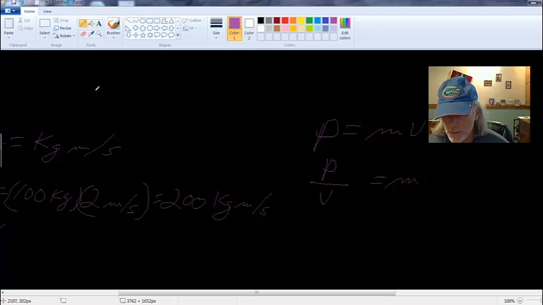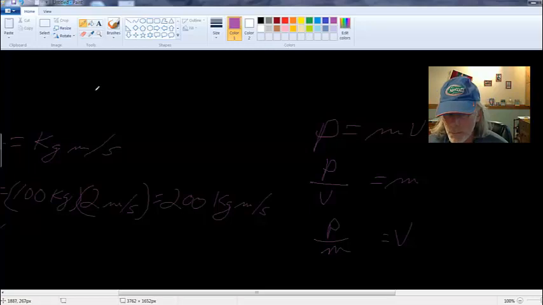And if we take this equation right here, we can solve it also for velocity. So velocity equals momentum divided by mass. Here again, we're using the old factor of cross multiply and divide. Cross multiplication is already done in the basic formula, so we're just dividing.